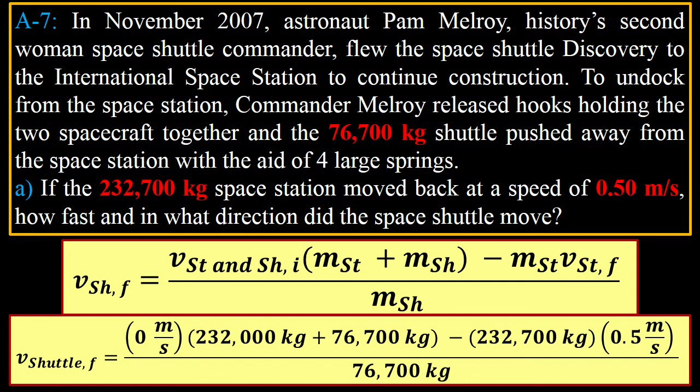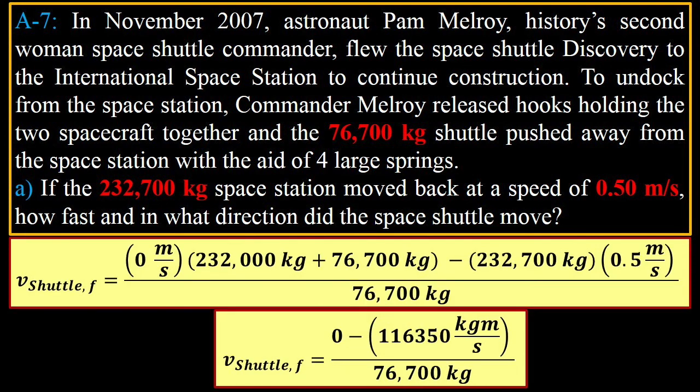Everything is plugged in. The left term will cancel. You can see the middle term is actually quite large. The motion of the station is going to be 0.5 meters per second, so that will be the positive direction, and the shuttle will be going in the negative direction.